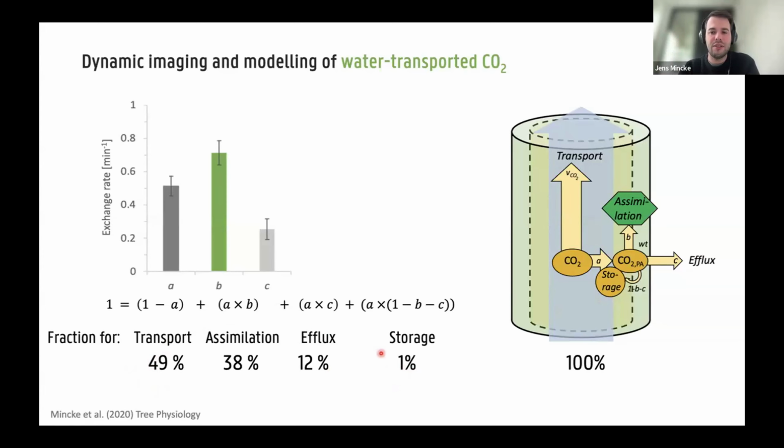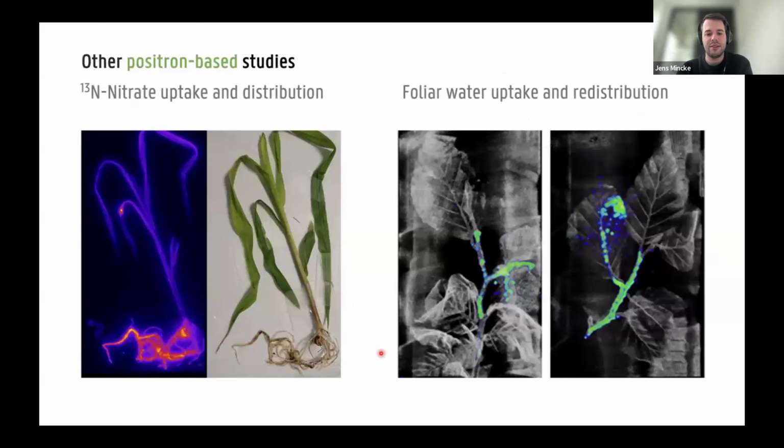So now I have given two examples where 11C, or labeled carbon dioxide, is used, but other tracers can also be used to study plants. Two examples are shown here. I'm not going into detail on these images, but in this study, I used 13N-labeled nitrate to study uptake in maize plants.